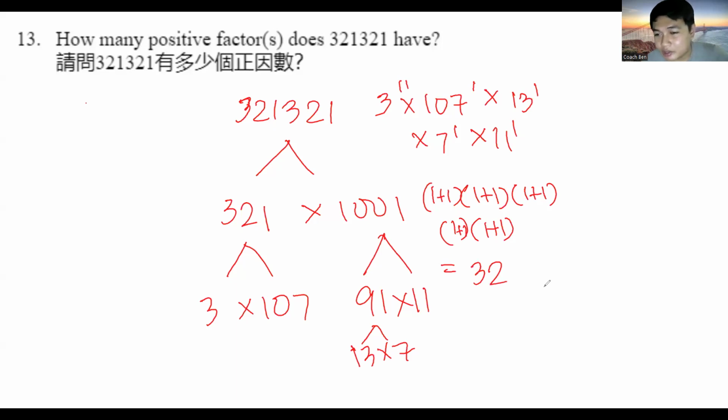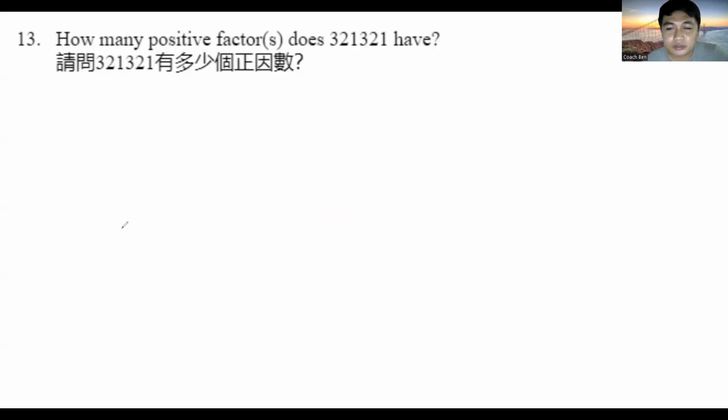Thank you, Baron. And for the others that also answered 32, this should be the correct answer for the positive factors of 321,321. So now let's double check. All we have to do is first get the factors of 321,321.